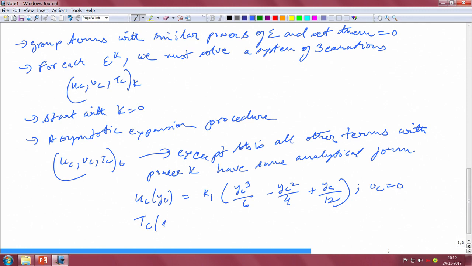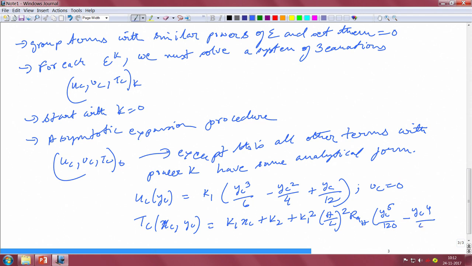T_c is K1 x_c plus K2 plus K1 squared h by L squared Ra_h times y_c^5 by 120 minus y_c^4 by 48 plus y_c cubed by 72. Got it? So, this will be the generic form.